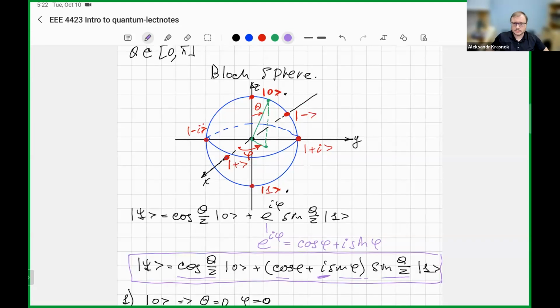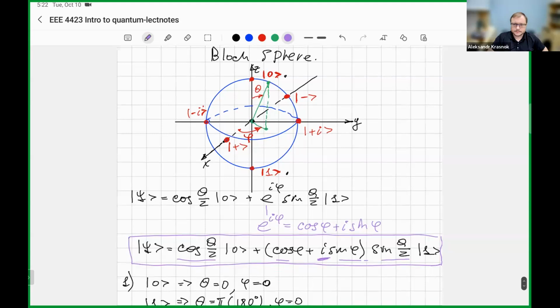I mean, honestly, even the representation that IBM uses is also kind of not really useful for quantum computing because it becomes too complex. But at the same time, the Bloch sphere allows you to represent nicely all the states of a qubit. Okay, and that's why we discuss it. And of course, the IBM representation is the generalization of the Bloch sphere.